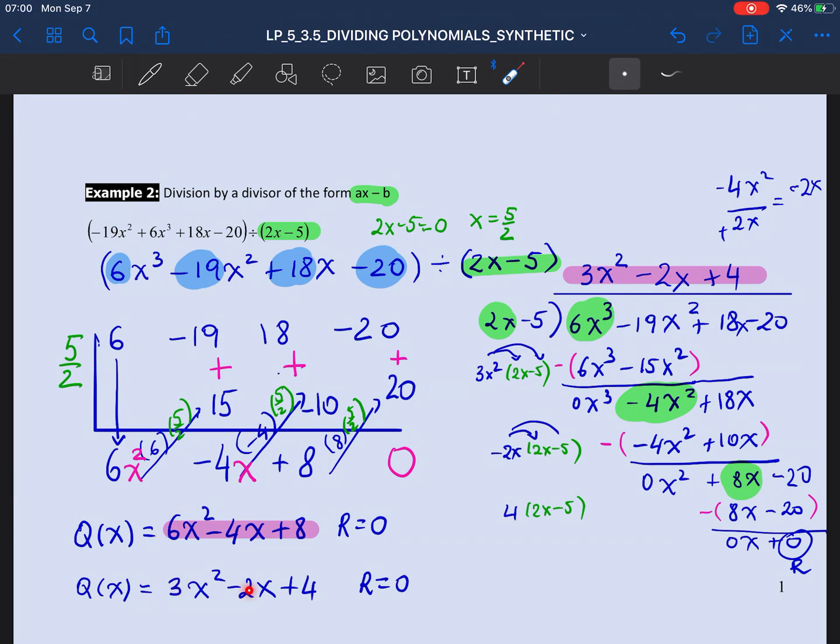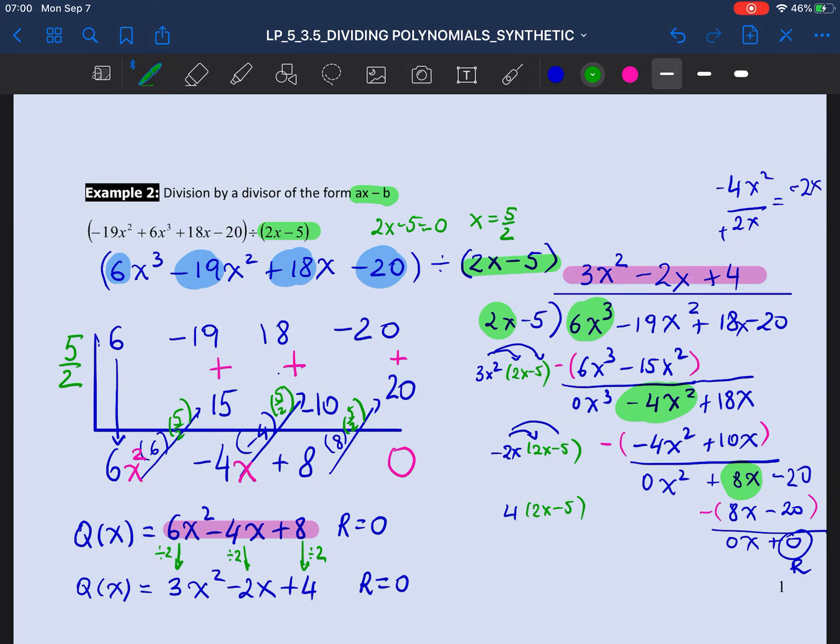So 3 times 2, 6. Negative 2 times 2, negative 4. 4 times 2, 8. Or in other words, to go from the quotients from synthetic division to the quotients from long division, they're all divided by 2, right? So you must divide these quotients by 2 to get the right answer.